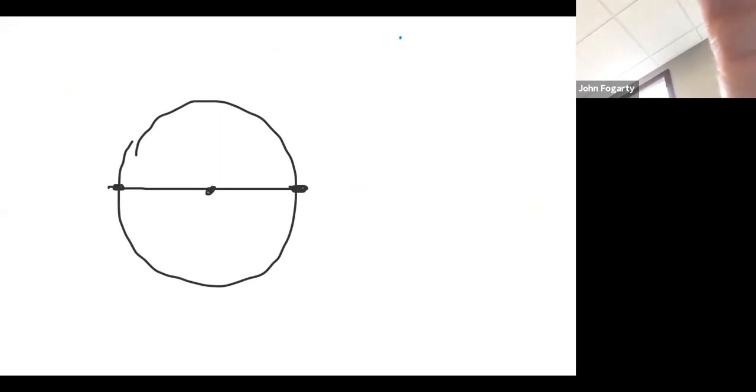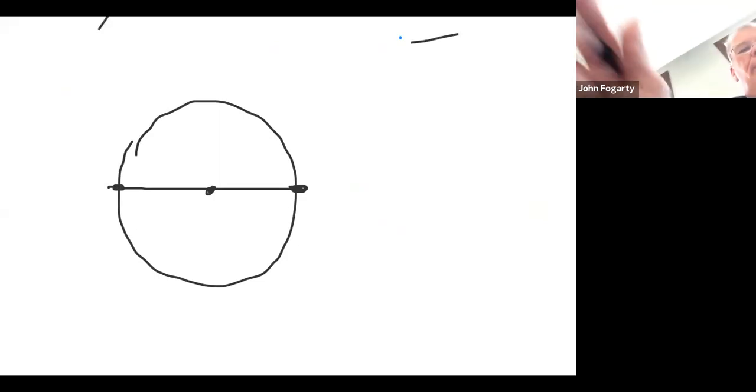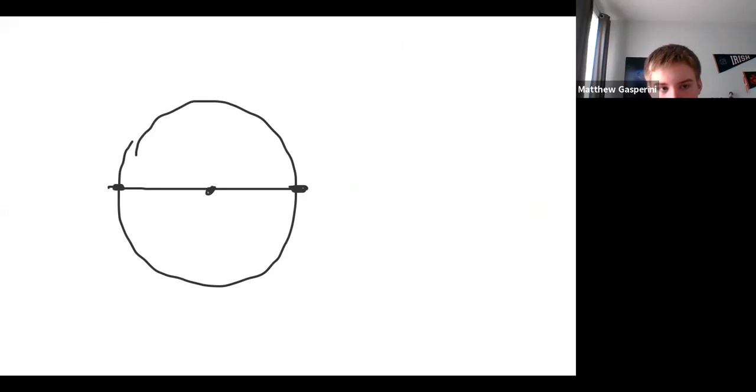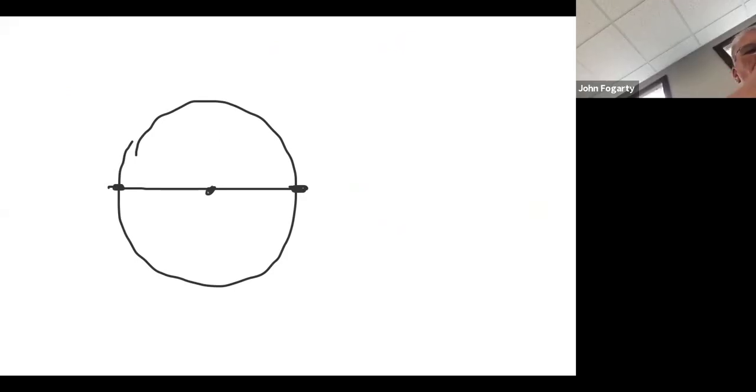So we wouldn't call one of those arcs minor and the other one major. Why? Because they're both the same. What is this line segment called? Is that a radius? It's a diameter.